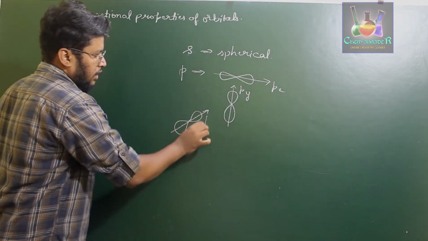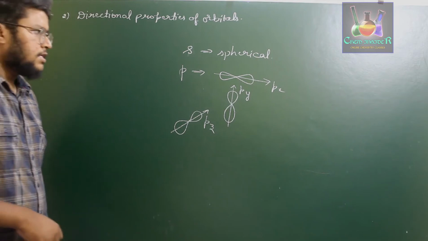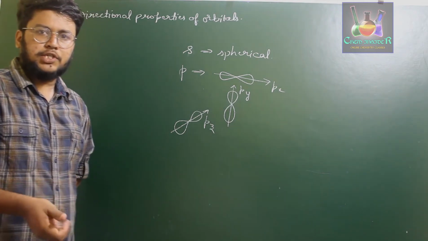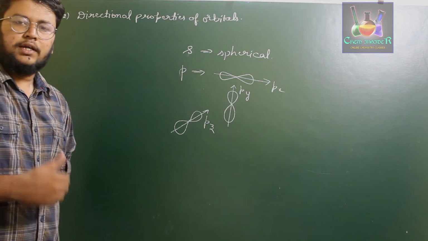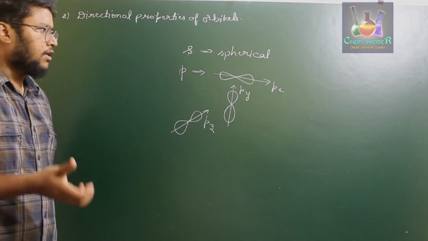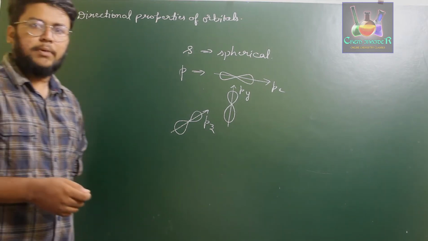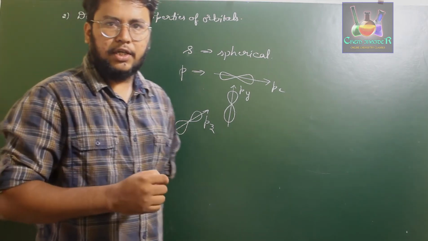So it clearly has 3 directions: px, py, pz. Similarly, d orbitals have 5 orientations: dxy, dyz, dzx, dx square minus y square and dz square. So clearly an atomic orbital of an element has a particular direction in it.